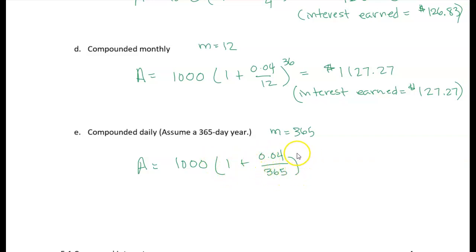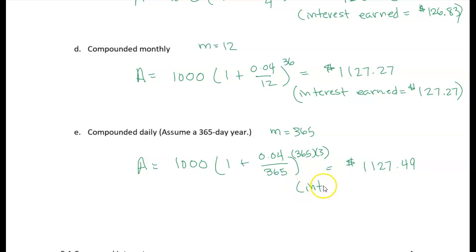But now we have 365 conversion periods per year for 3 years, so I'm just going to take 365 times 3 to get my exponent. I can put this into my calculator, and I get $1,127.49. So we've got over 10 times the number of conversion periods, but we didn't really make that much more money. Maybe 22 cents more by doing that.